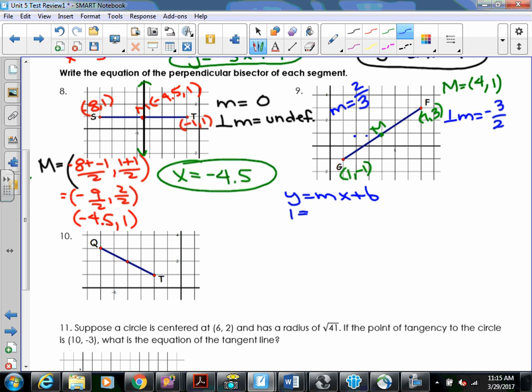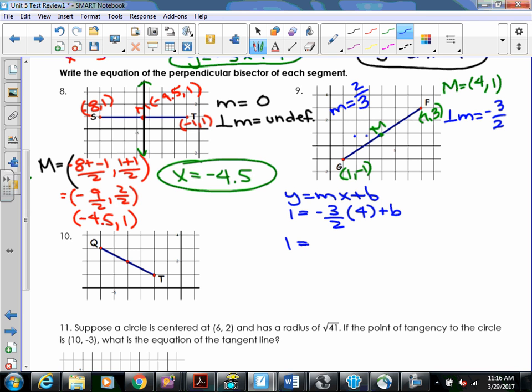Your slope is the perpendicular slope, so it's negative 3 over 2, times 4, because x is 4, plus b. So 1 equals negative 3 halves times 4 plus b.